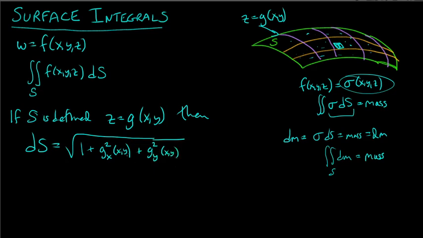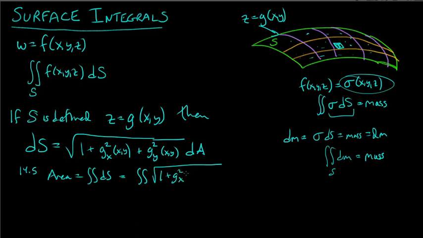That should look familiar. This is something we did in 14.5 when we talked about surface area. The surface area is just the integral over ds, and don't forget the dA, the dx dy. This is what we did in chapter 14 when we wanted to find the surface area of a surface given as a function of two variables.